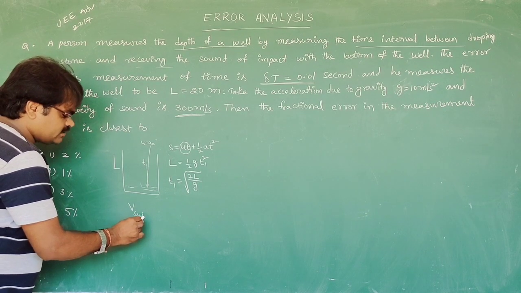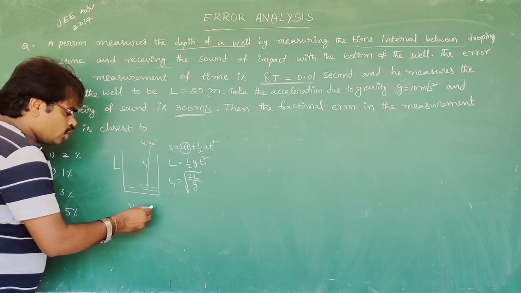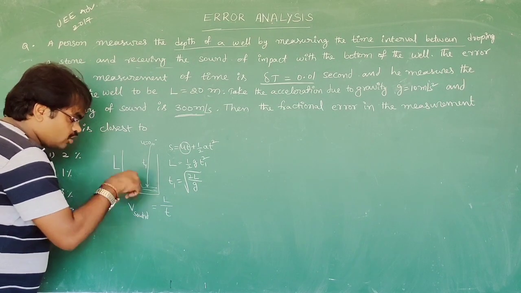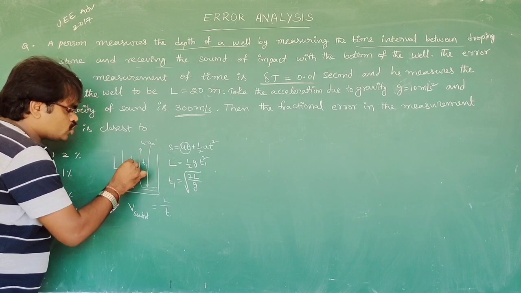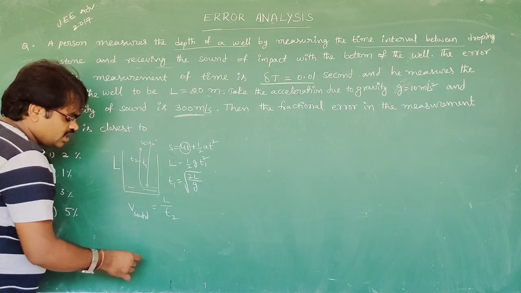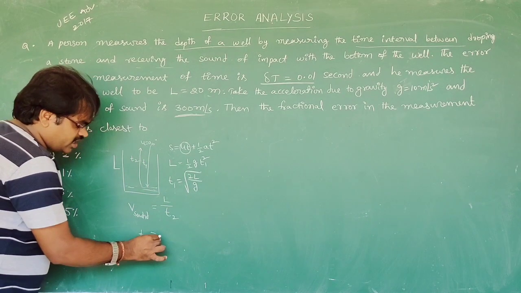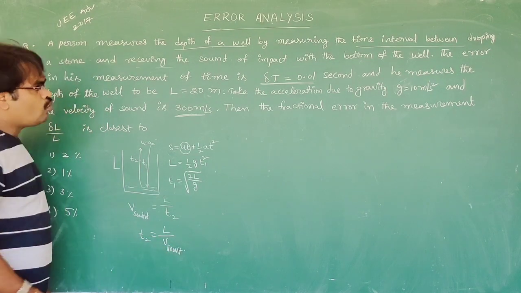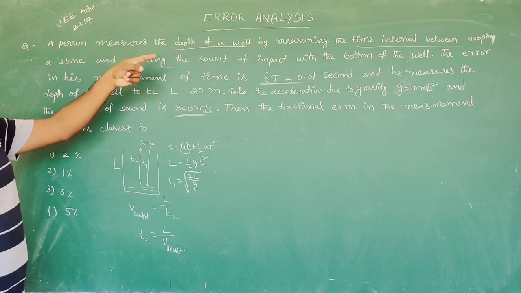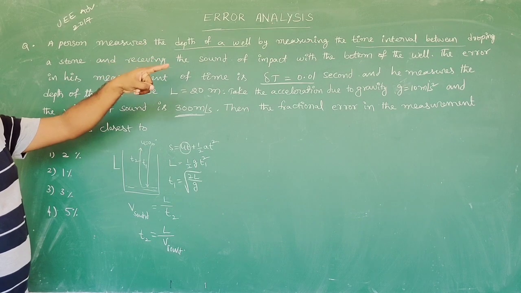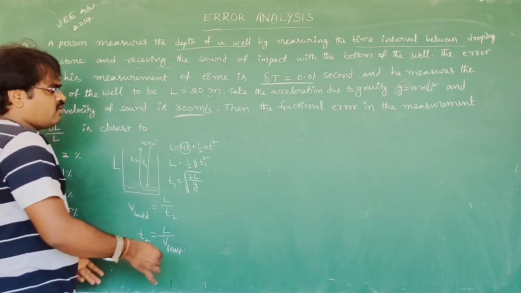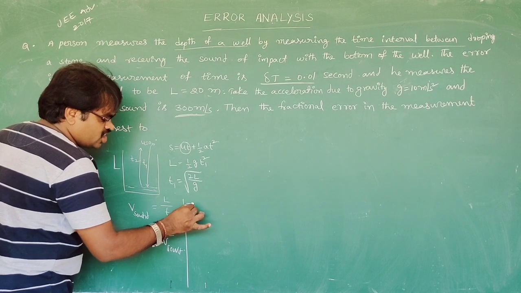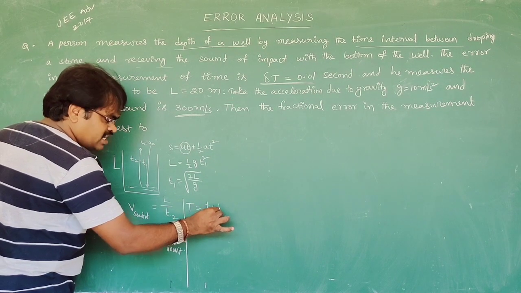We know velocity equals distance by time. That time we take as t2. That is t2 is equal to L by v sound. Then what they calculated? A person measured the depth of the well by measuring the time interval. Time interval t is equal to t1 plus t2.